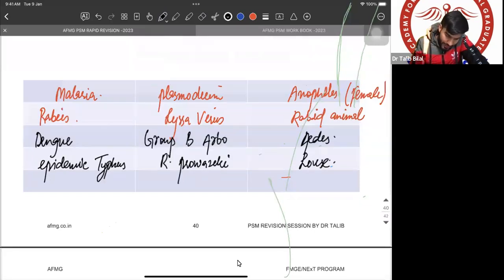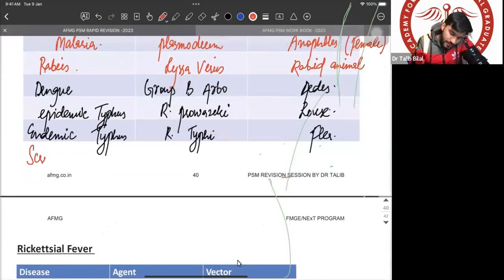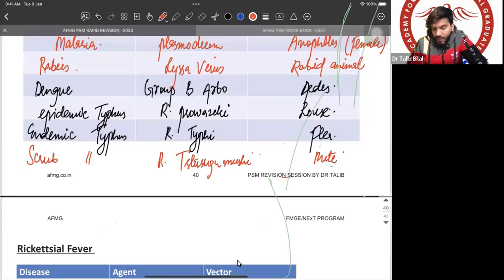If I talk about endemic typhus, we have Rickettsia typhi, and the vector is flea. And the last one, scrub typhus, we have Rickettsia tsutsugamushi, and the vector is mite. This was all about the vectors and agents.